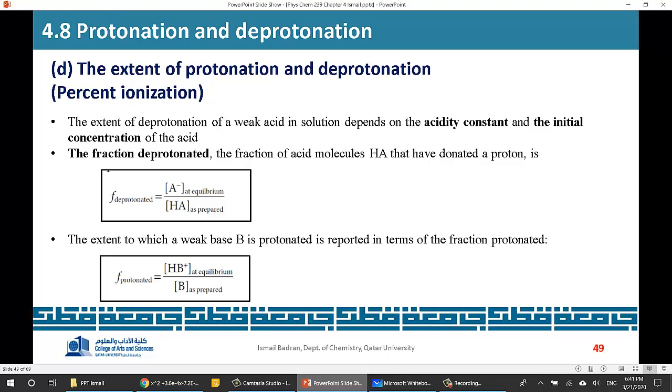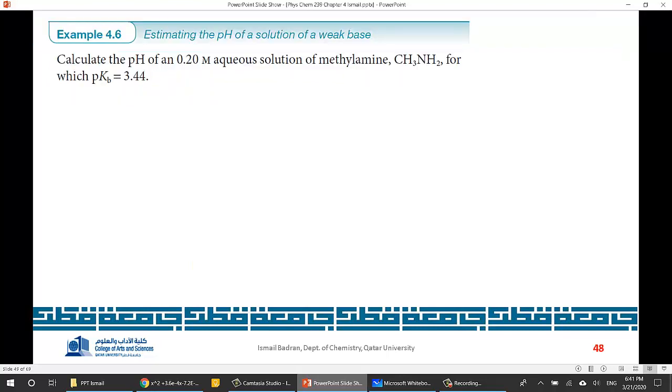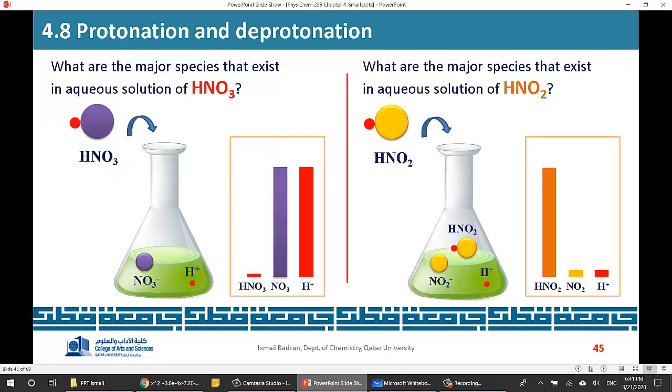The next thing in our lecture is what we call the extent of protonation and deprotonation. So if you go back to any of our problems here, let's go back to this example. When we threw the HNO2 in the flask here with the water, we know that HNO2 will dissociate to NO2 minus and H plus, and most of it will remain, but how much of that will be dissociating?